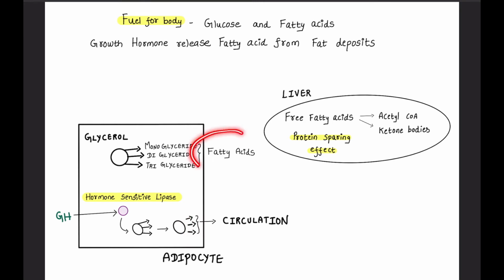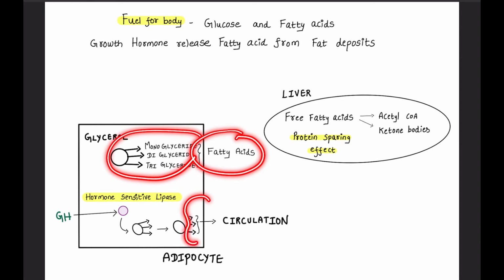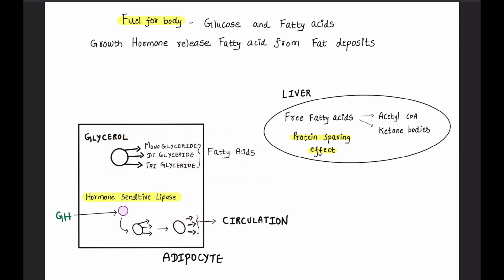These are not free fatty acids because they are attached with glycerol. These free fatty acids, when they go to the liver, will be converted into acetyl coenzyme A and ketone bodies. And if you know the biochemistry very well, the acetyl coenzyme A and ketone bodies will lead to the formation of glucose.